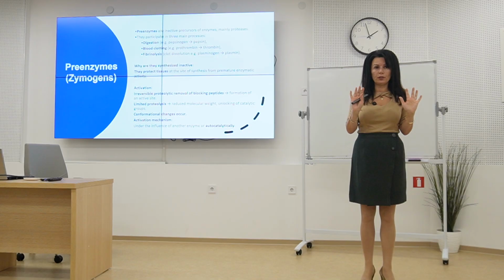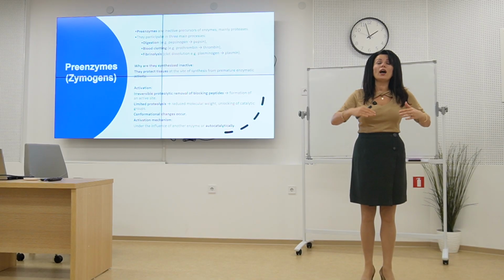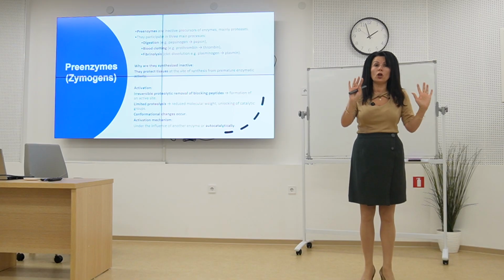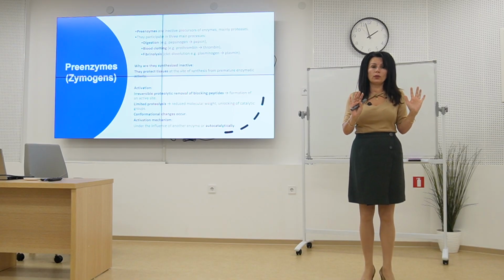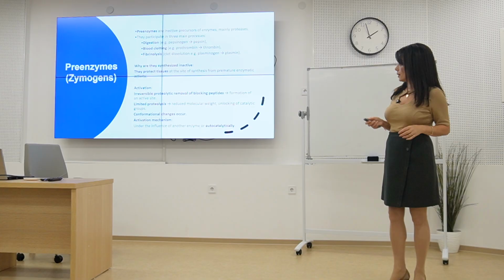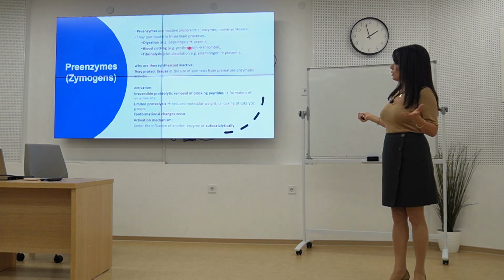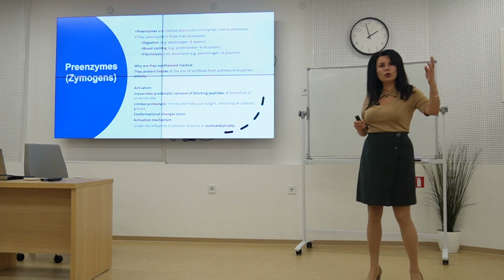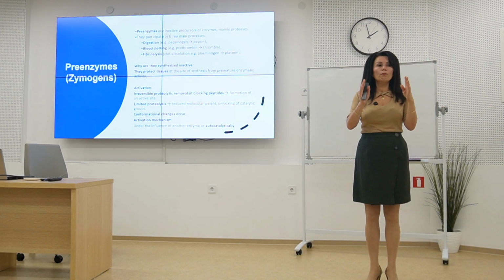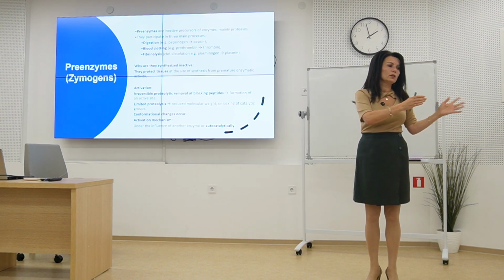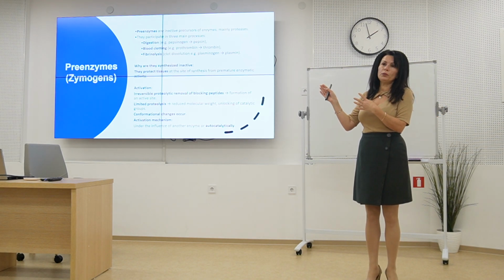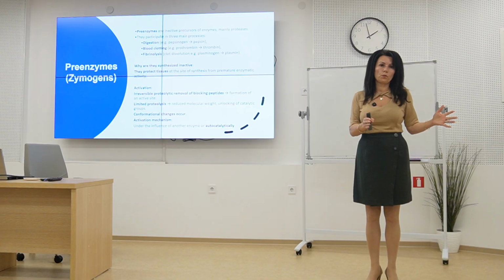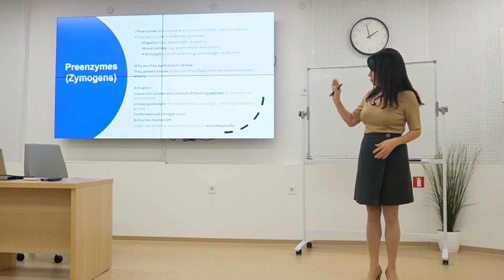They are normally inactive. They become active to stop bleeding. Examples: prothrombin, thrombin. In digestion: pepsinogen, pepsin, trypsinogen, trypsin, procarboxypeptidase, carboxypeptidase, proaminopeptidase, aminopeptidase.